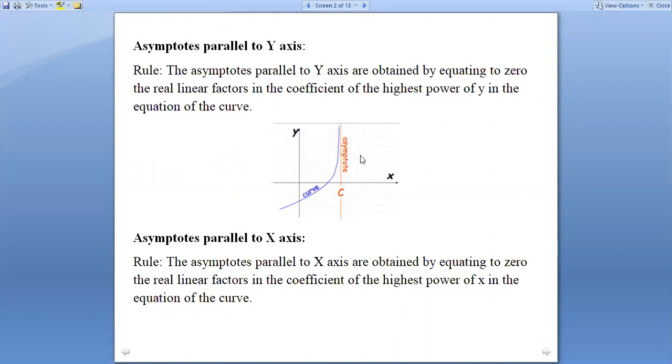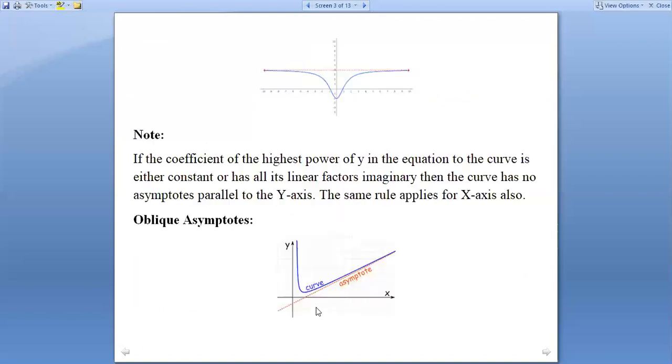The same rule applies for asymptotes parallel to the x-axis. So you have a curve here and this is an asymptote parallel to the y-axis. In the same way, for asymptotes parallel to the x-axis, you equate the coefficient of the highest power of x to 0 and then you get the equation of the asymptote parallel to the x-axis.